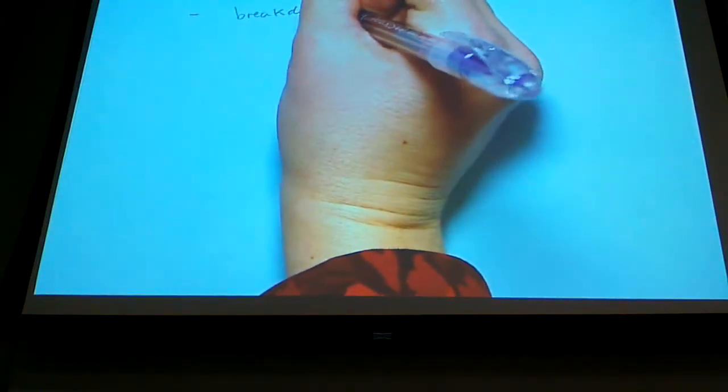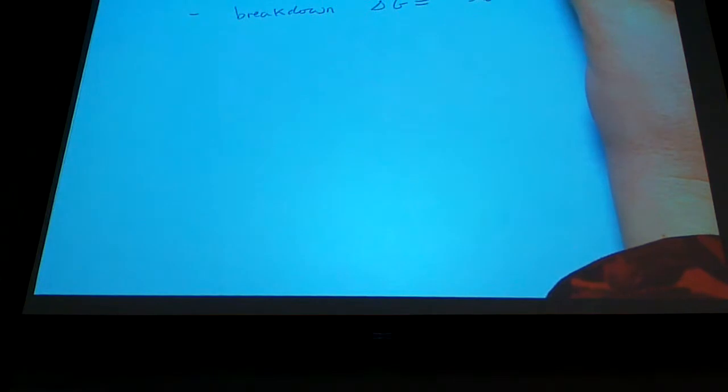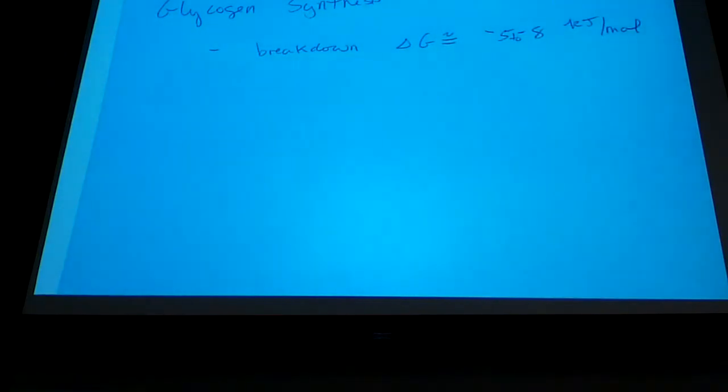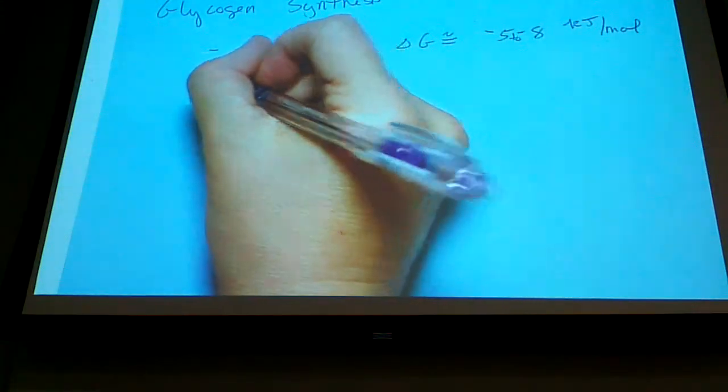Glycogen breakdown has a delta G of about -5 to -8 kilojoules per mole. So that is going to be a spontaneous process to break down glycogen.